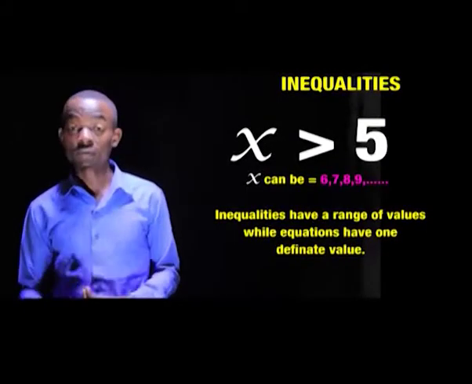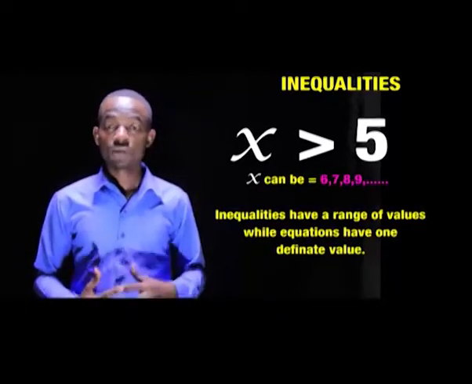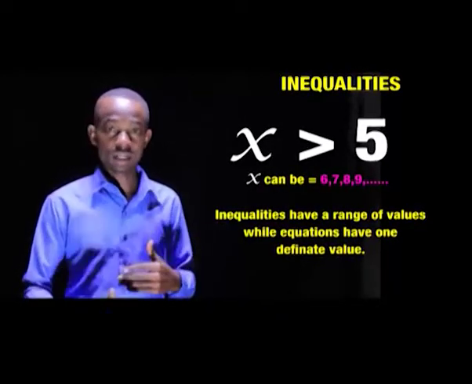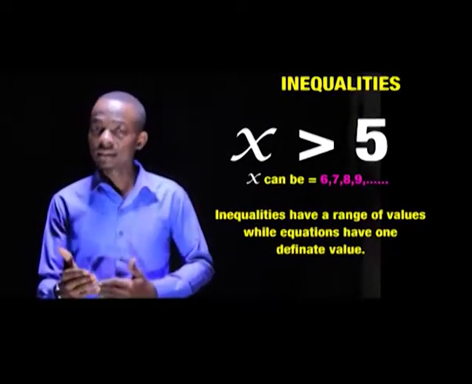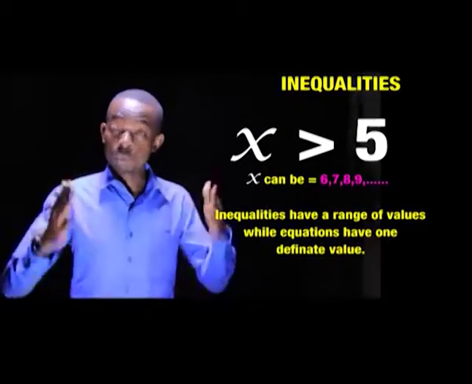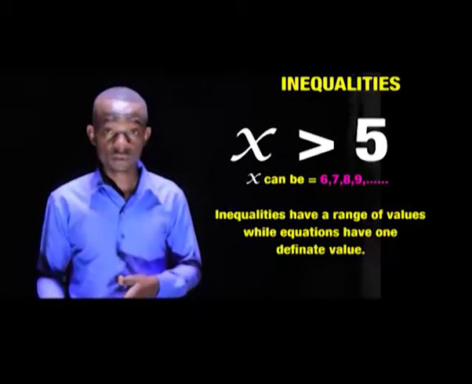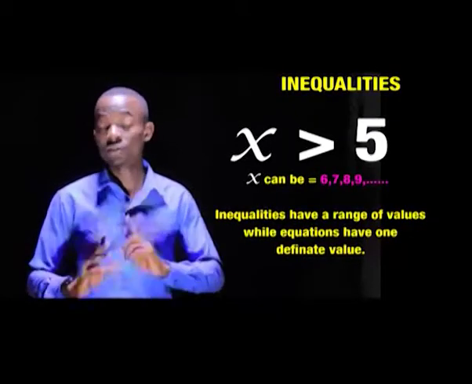Something else you have to note is, when we are looking at addition and subtraction of inequalities, when I add the same number or subtract the same number on both sides of the inequality, the direction in which the inequality faces does not change.